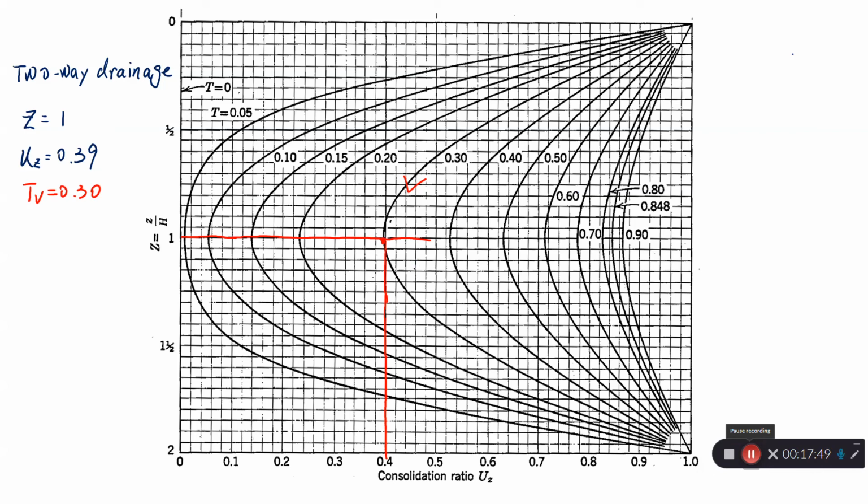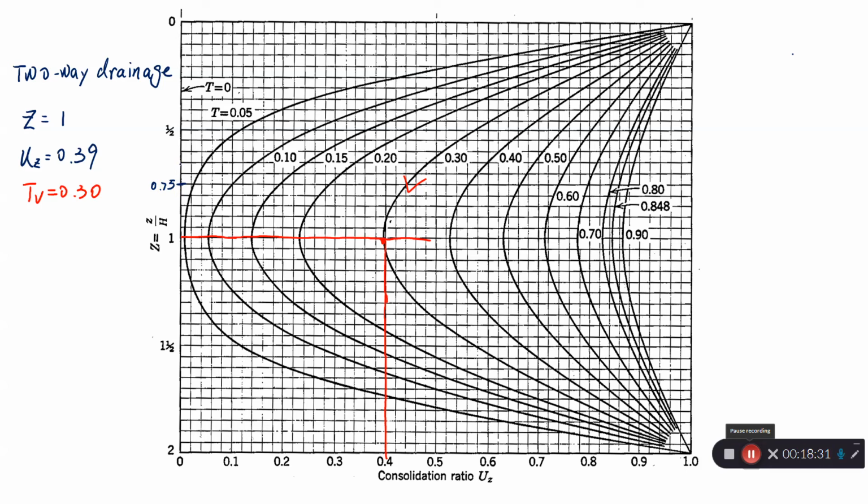So if I enter TV is 0.3 and the Z ratio is 0.67, so it's about 0.5, and then in the middle 1, 2, 3, 4, 5, so right here is about 0.75. So somewhere around here.